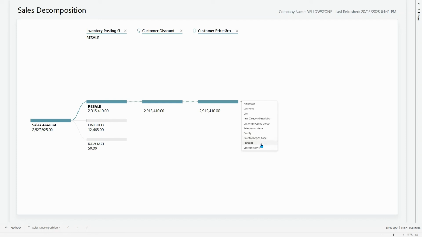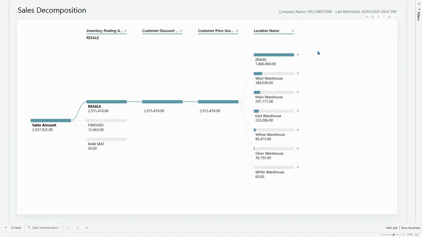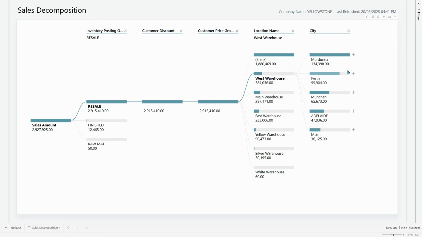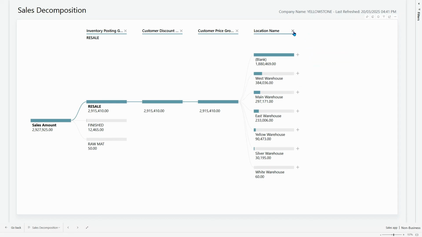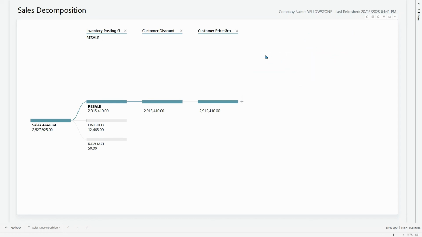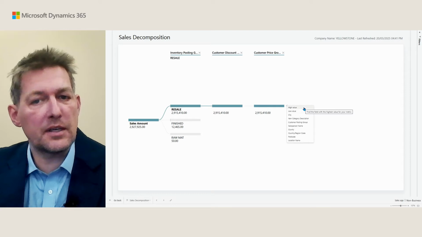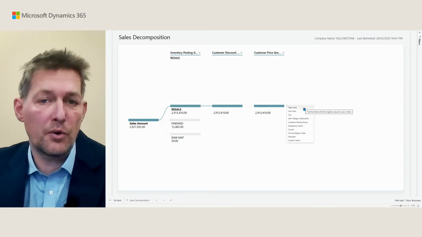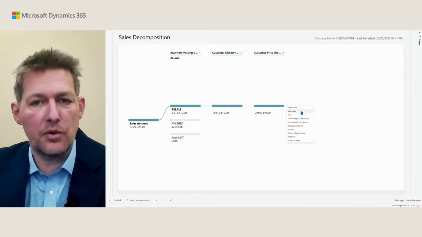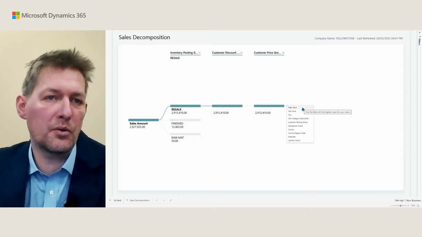For instance, maybe I want to see the location name to see how is that distributed, and I can then go into the city dimension for West Warehouse and see that as well. So that's one way of using this, that you can choose yourself the type of analysis you would like. But you could also have a statistics model choose for you either what are the high value contributors or what are the low value, depending on what you're interested in.